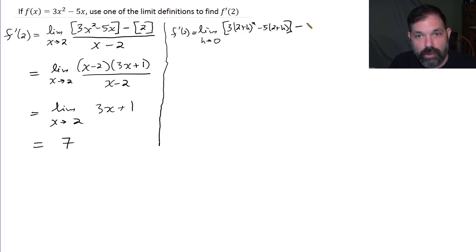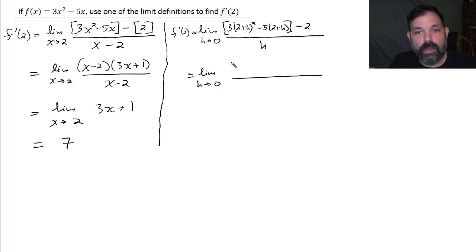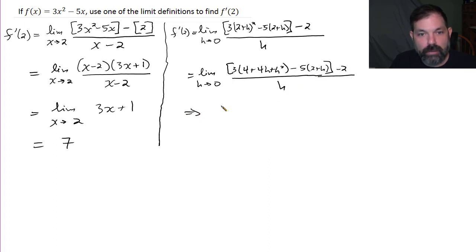So then this would be minus 2 over h. We expand in the numerator. So the 2 plus h squared, let me just go ahead and write it. We'd have 3 times 4 plus 4h plus h squared, and minus 5 times 2 plus h still, minus 2 over h, distributing.